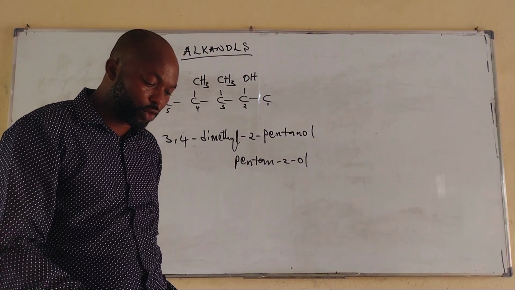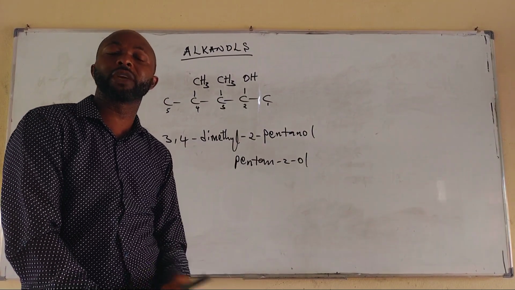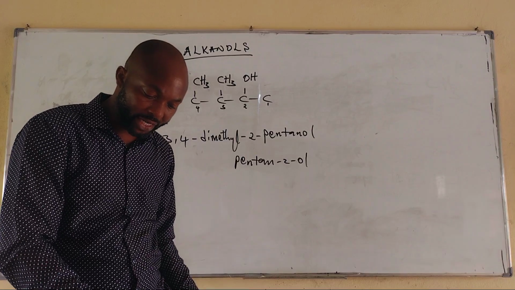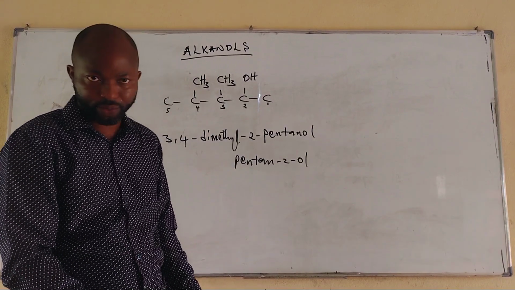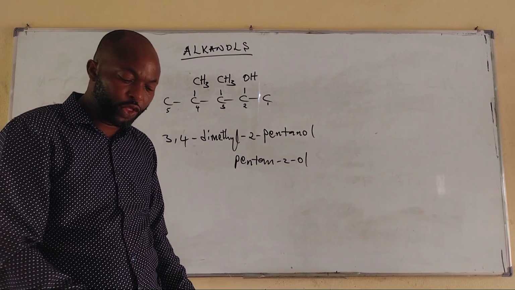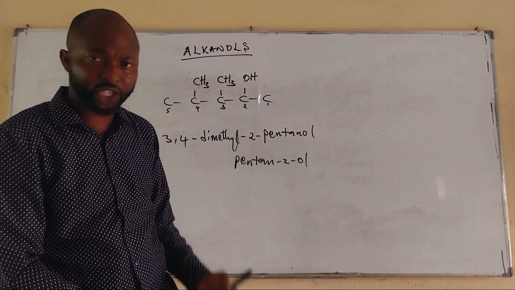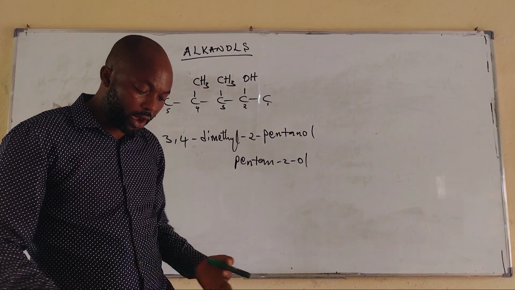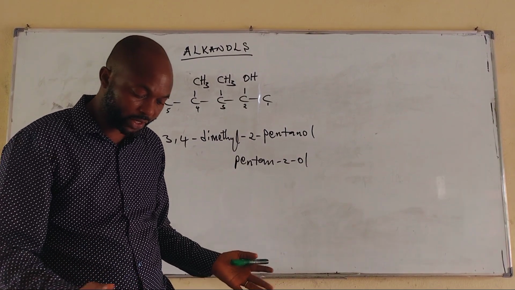Now, the fourth rule says in an unsaturated alcohol, unsaturated means it has a double bond in it, the parent carbon chain must contain both the hydroxyl group and the multiple bonded carbon atoms. In numbering, preference is given to the functional group first, which is the OH group, then the multiple bond, and finally the substituent.